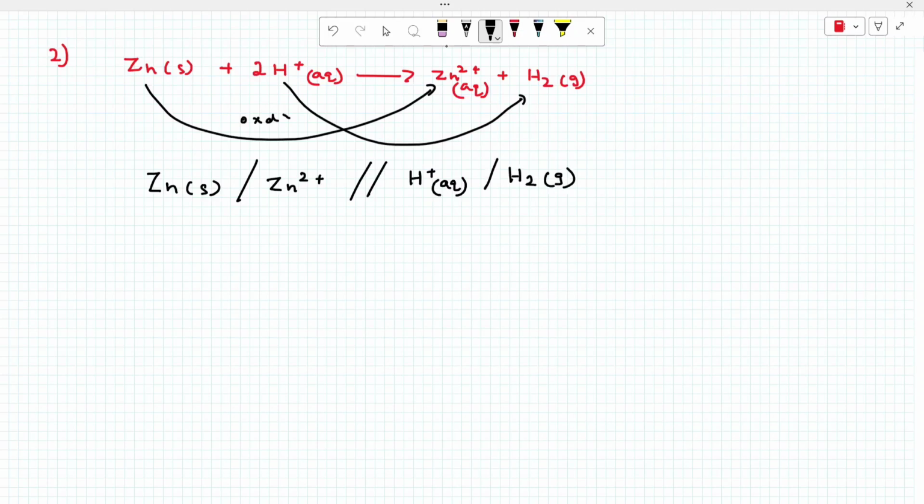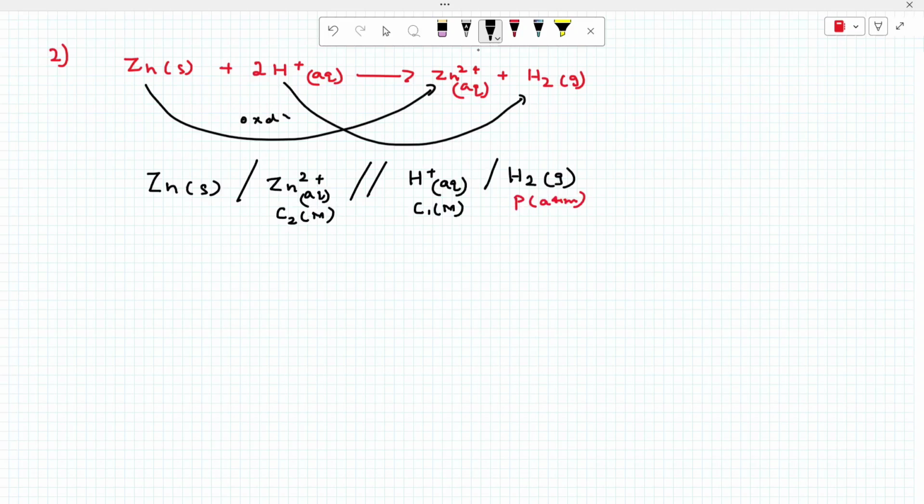For gas we can use pressure, and here they will give the pressure value in atm. For aqueous, this is concentration, small constant C1 molar. This is C2 molar.